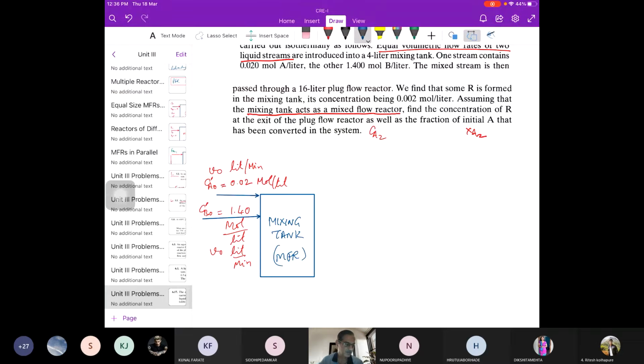ठीक है, इतना समझ में आया लोगों को? So we have two streams. Ca naught prime is 0.02 moles per liter and Cb naught prime is 1.4 moles per liter. They are mixed in this mixing tank. So there is a stirrer here somewhere.